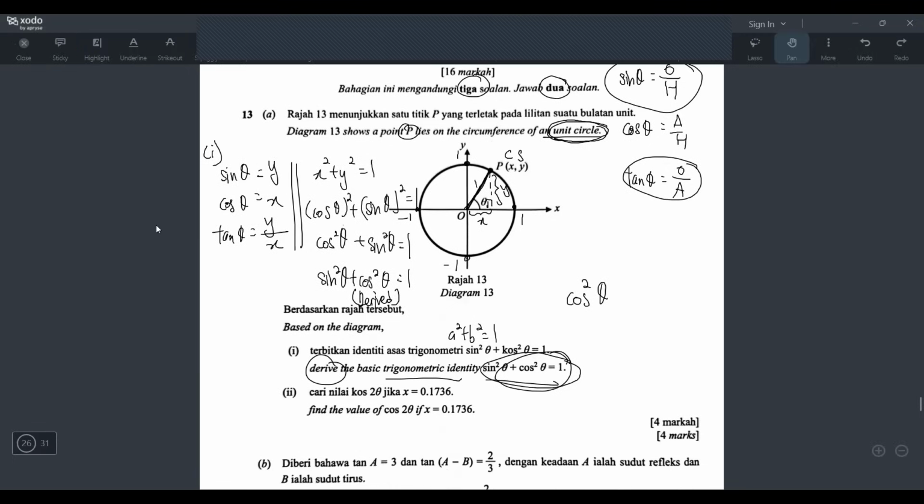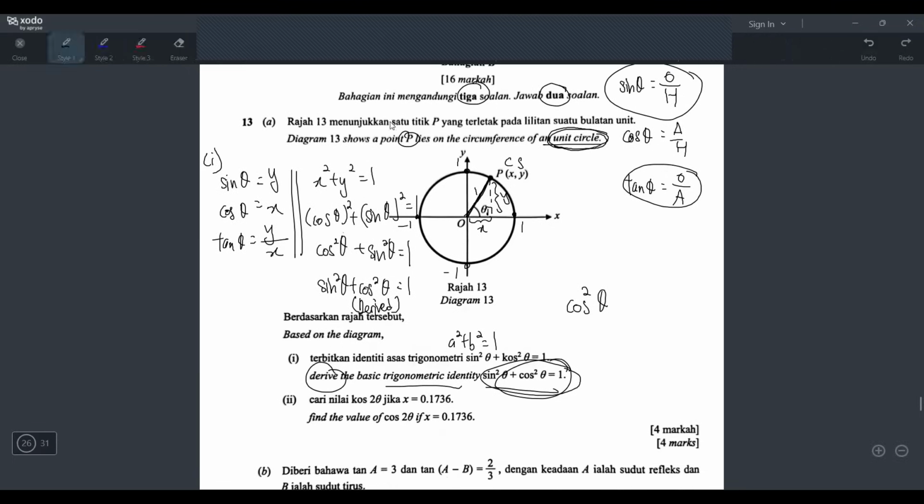Okay, all right. But usually, if the question never gives me any diagram and they want me to derive, I usually will draw my own right angle triangle. Then I will call this A, B, C, and I will call this theta, and then I'll write sine theta equals b over c, cos theta equals a over c, tangent theta equals b over a.